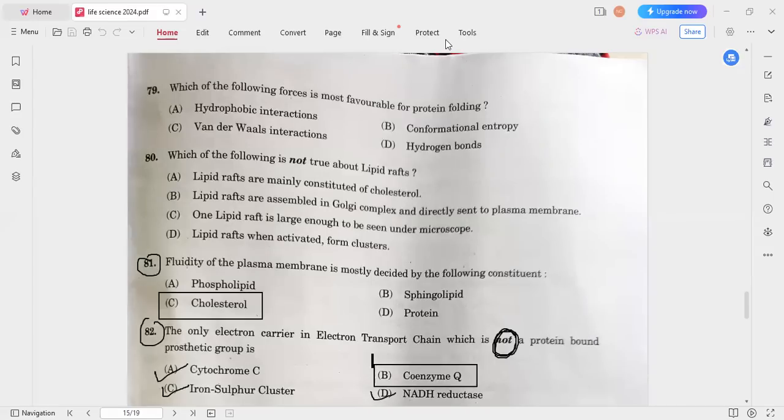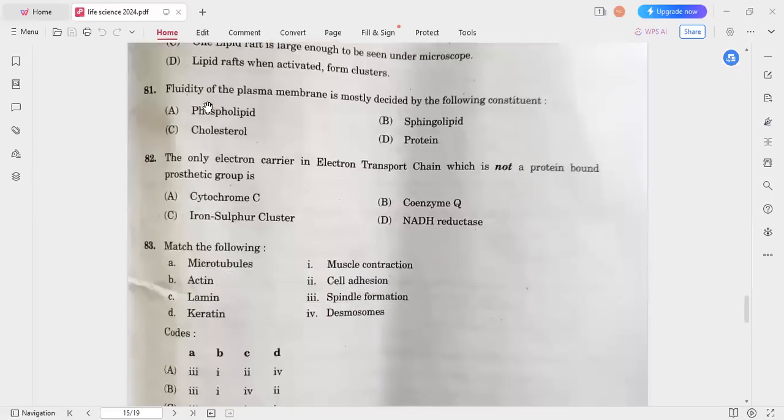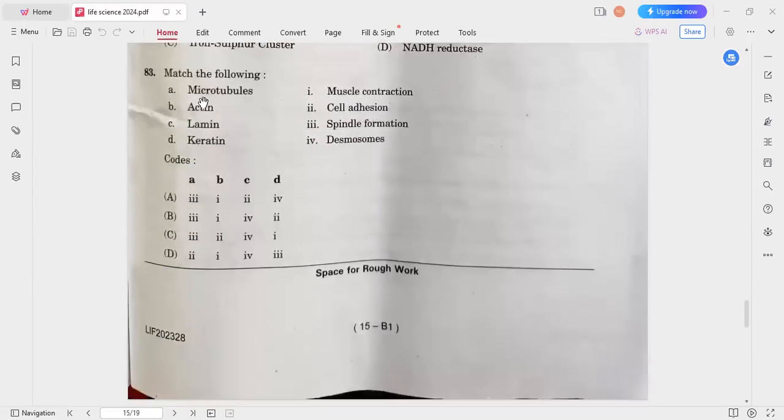So now move to the next question, that is question number 83. That is match the following. So yeah, we have to match this. Microtubules, actin, lamin, keratin.